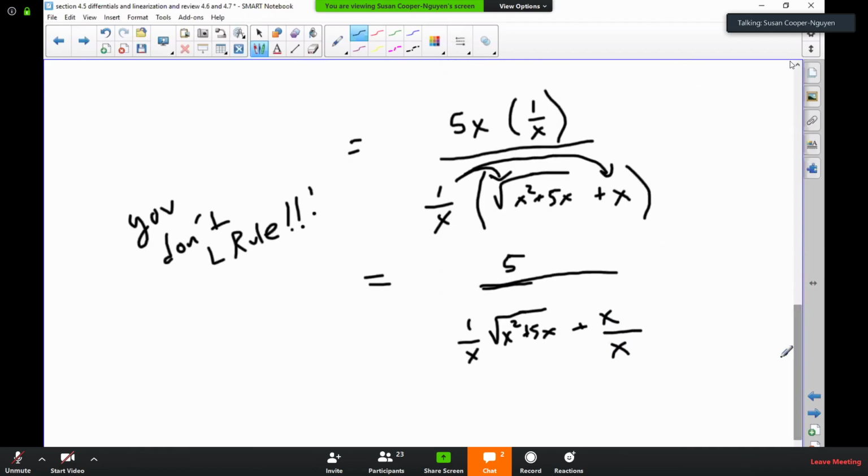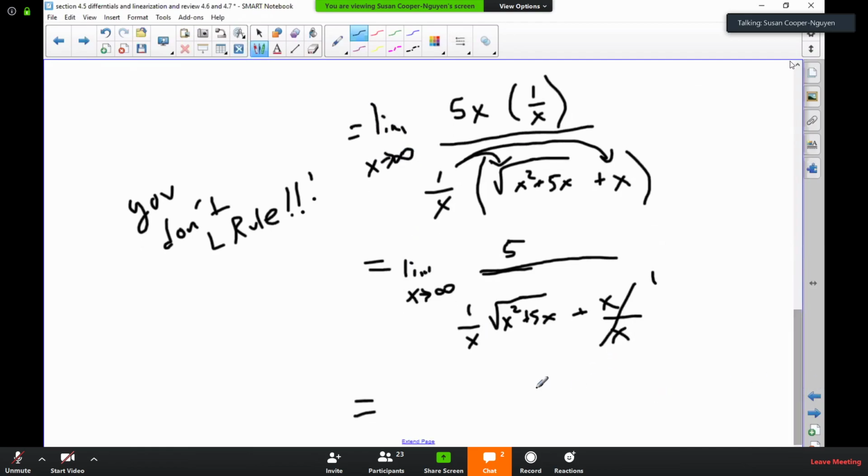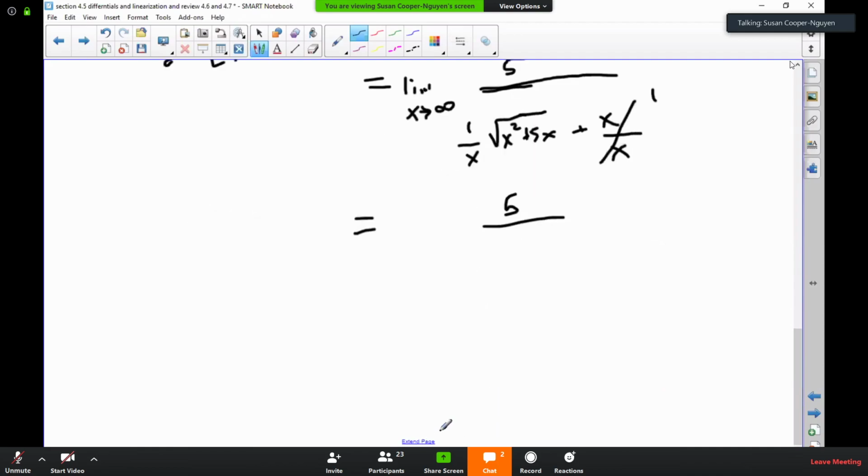But x over x is 1, so that works out nicely. I'm going to keep cleaning. I'm being lazy here with the limits. I would technically keep writing the limit as x approaches infinity the whole way down, just because my pen's a little crazy. But I keep cleaning up algebraically. So now I've got 5 over something plus 1.